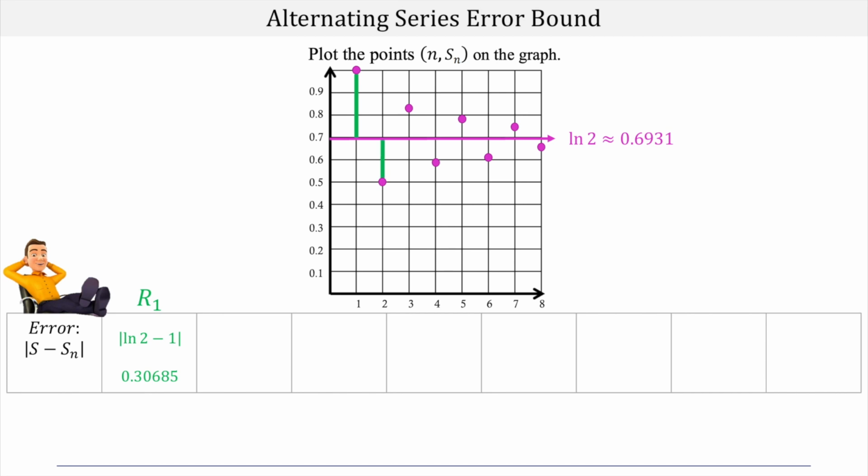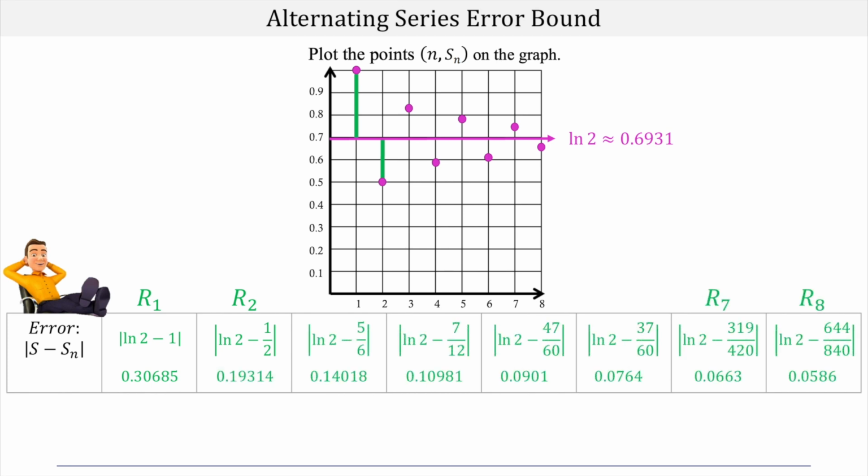And then the second distance, that's remainder 2, is 0.19314. And then I'm going to do that all the way through until remainder 8. So again, I've just found all of these distances. And notice, thankfully, they're getting smaller and smaller, as they should, because it's converging to something.